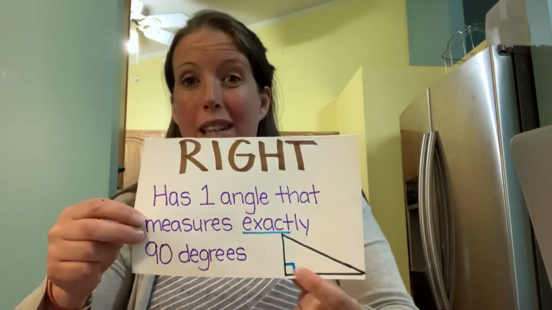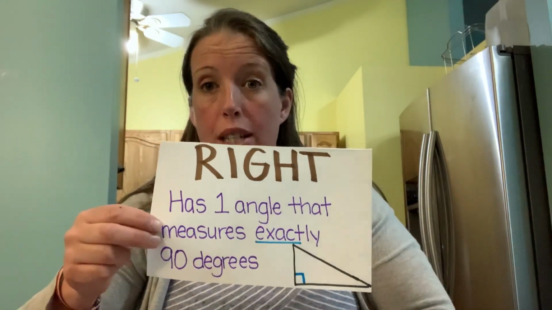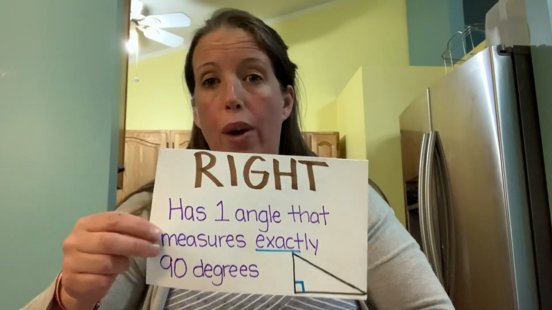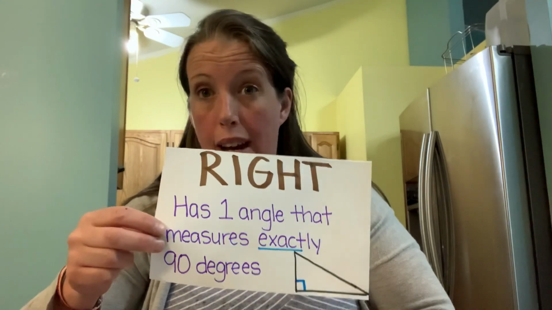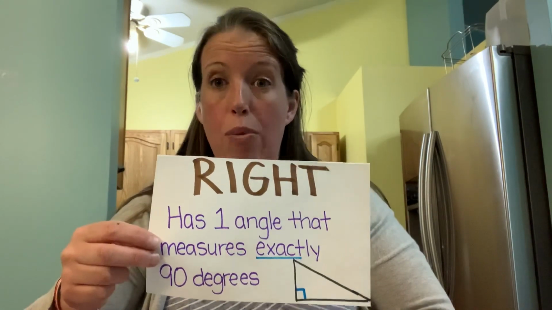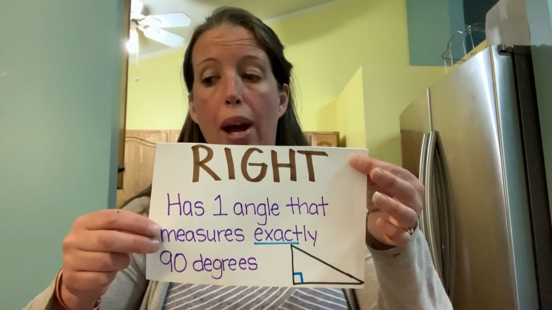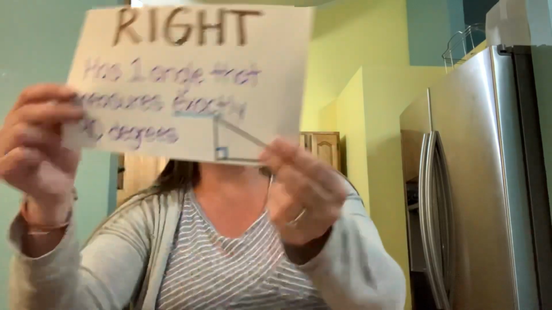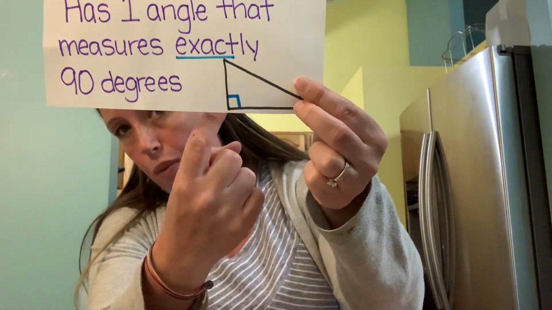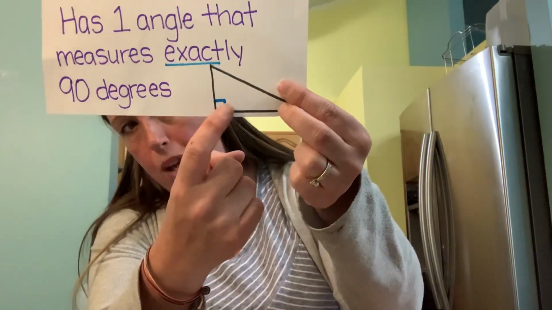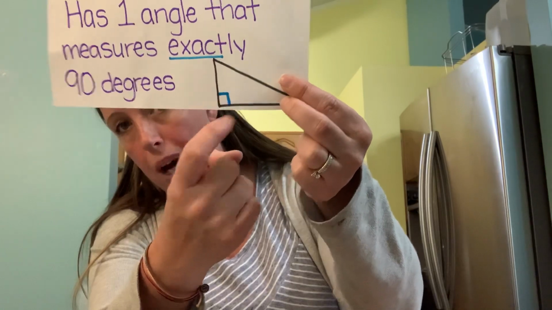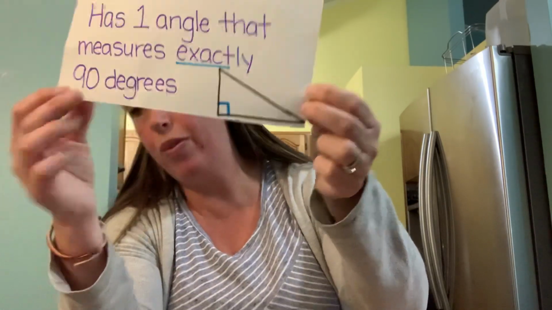So I always like to look for that angle first. That's the first question I ask myself when I look at a triangle. Do I see any right angles? If I see one, right away I give it the name a right triangle, okay? And this would be an example right here of a right triangle. This measures 90 degrees. You see that little box to give us our clue.